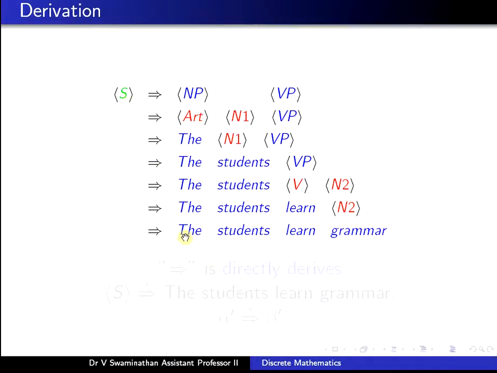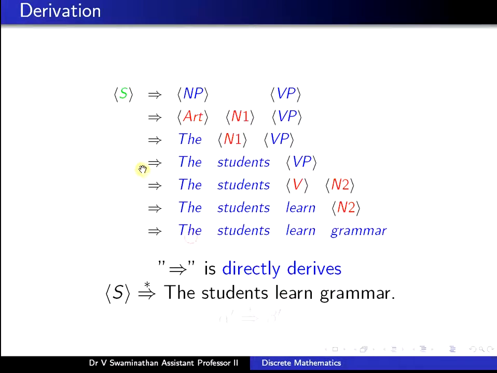So S indirectly derives the students learn grammar. We use this symbol to denote directly derives, and in total, S derives the students learn grammar after a finite number of steps, that is an arbitrary number of steps. Arbitrary number may be 0 or any number n. So generally alpha dash derives beta dash after an arbitrary number of steps.